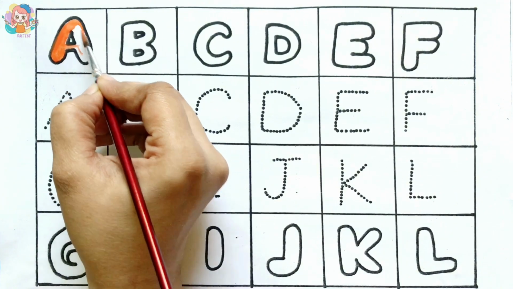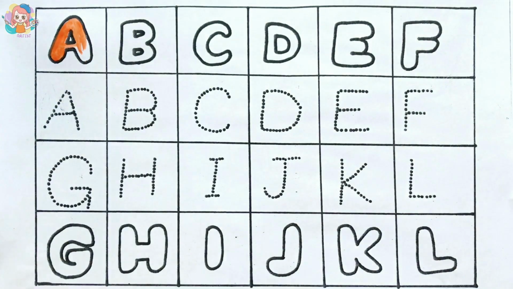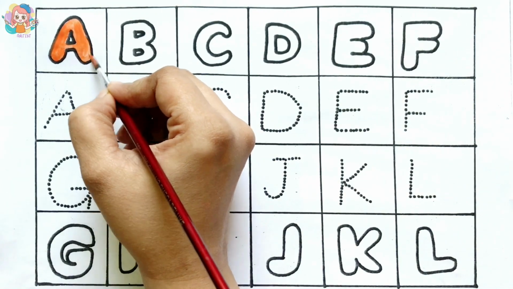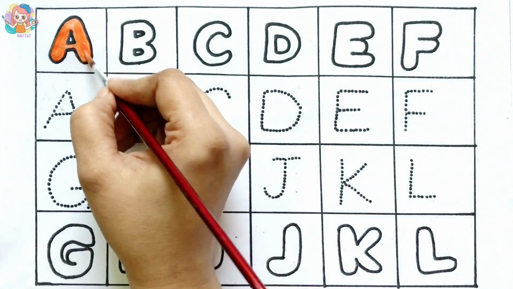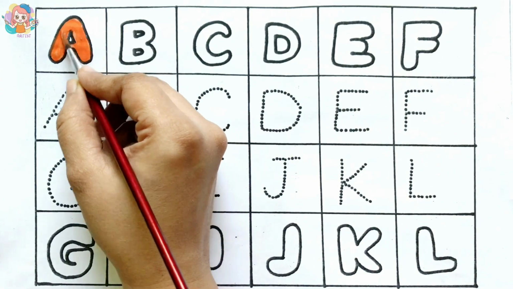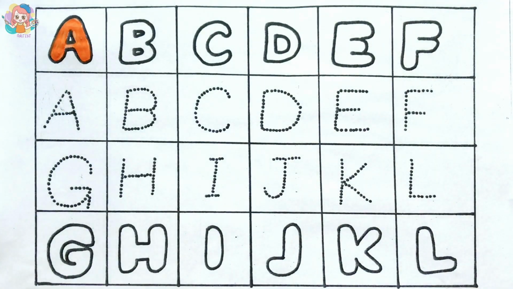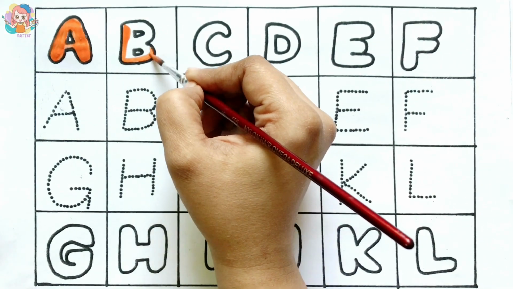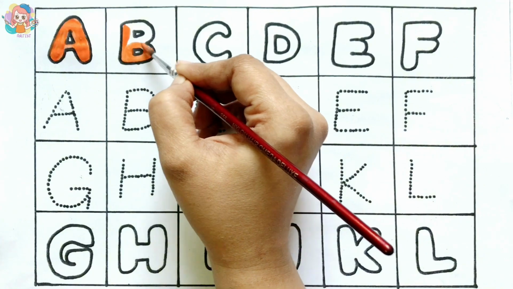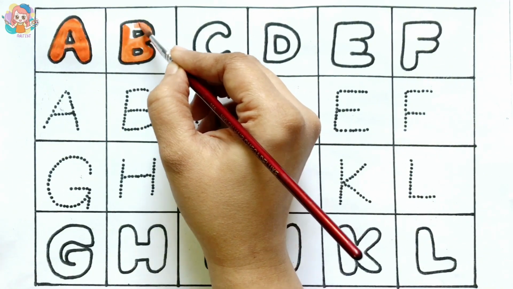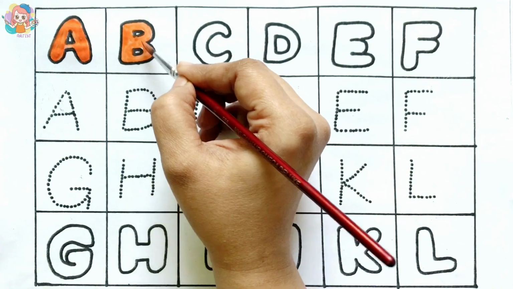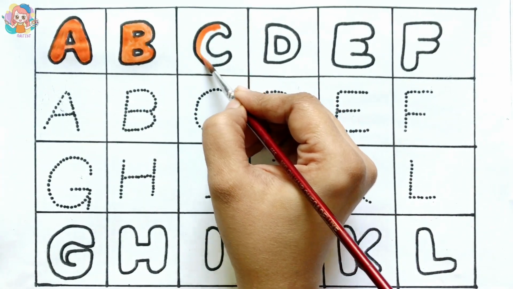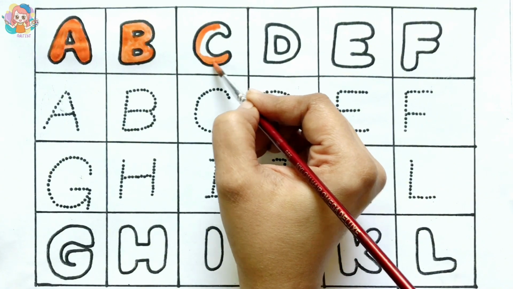A. A is for apple. B. B for balloon. C. C is for cat.